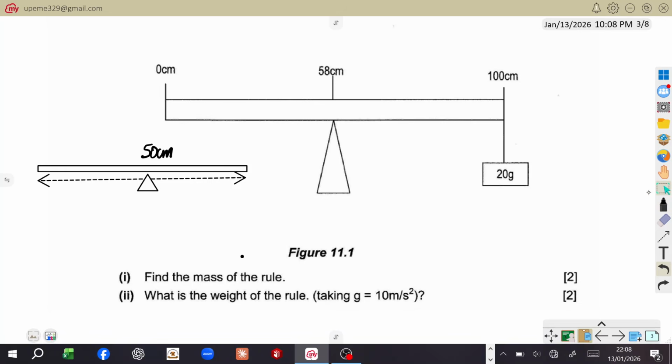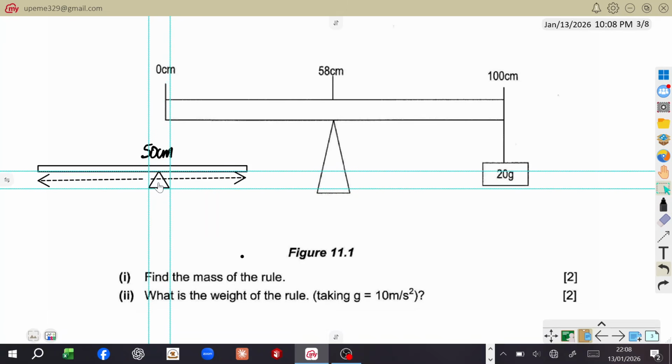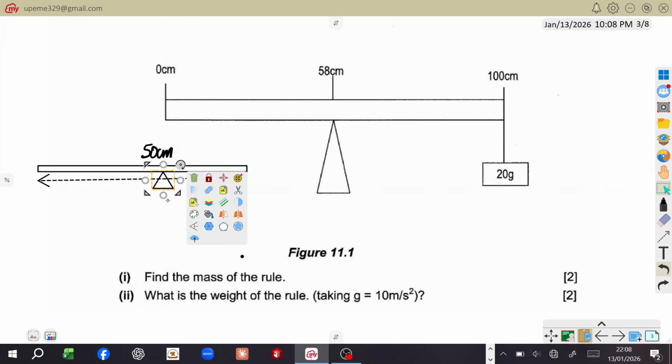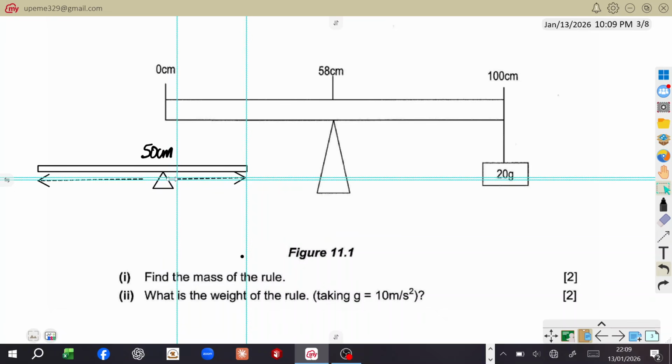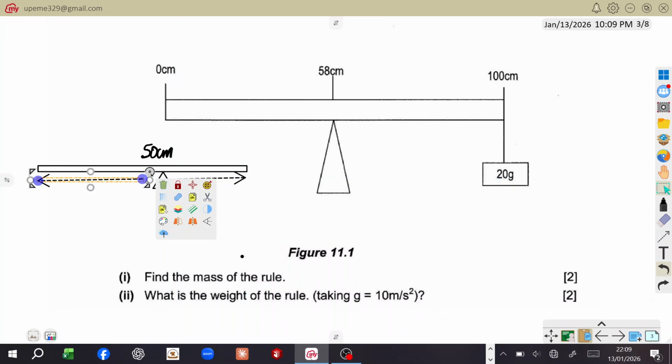Now if it is not like that, they're saying 58, meaning they pushed it this way. So that's what they did. They pushed it this way, meaning from this side to this side it's actually now 58.